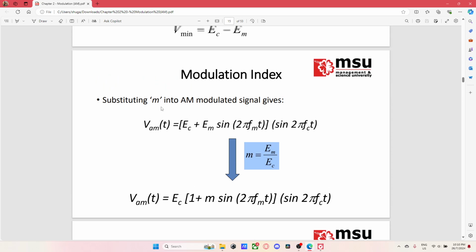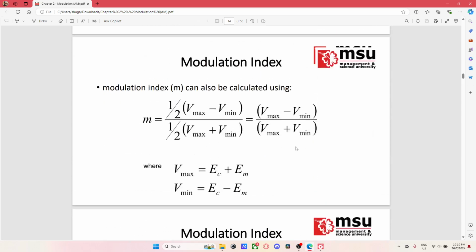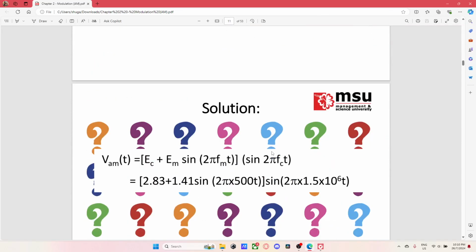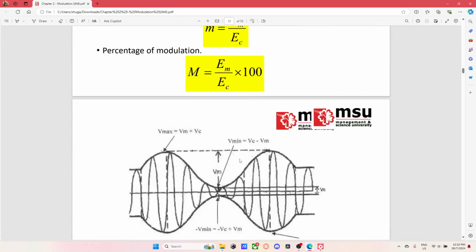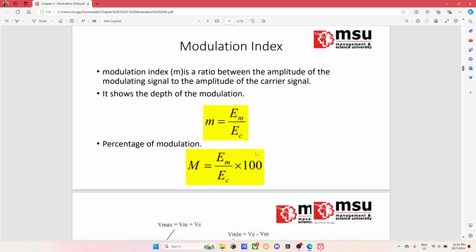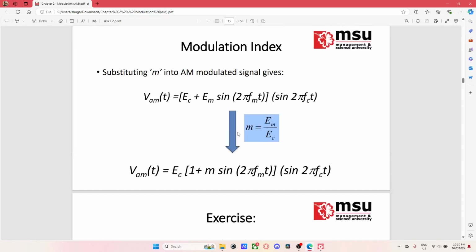So this is the previous equation we have seen before on example 1 over here. This is the main equation we should be looking into. But what if we substitute M inside this equation? It will change the equation into something new, which is Vt equal to bracket EC plus EM sine 2 pi Fm t, bracket, multiplied with sine 2 pi Fc t.